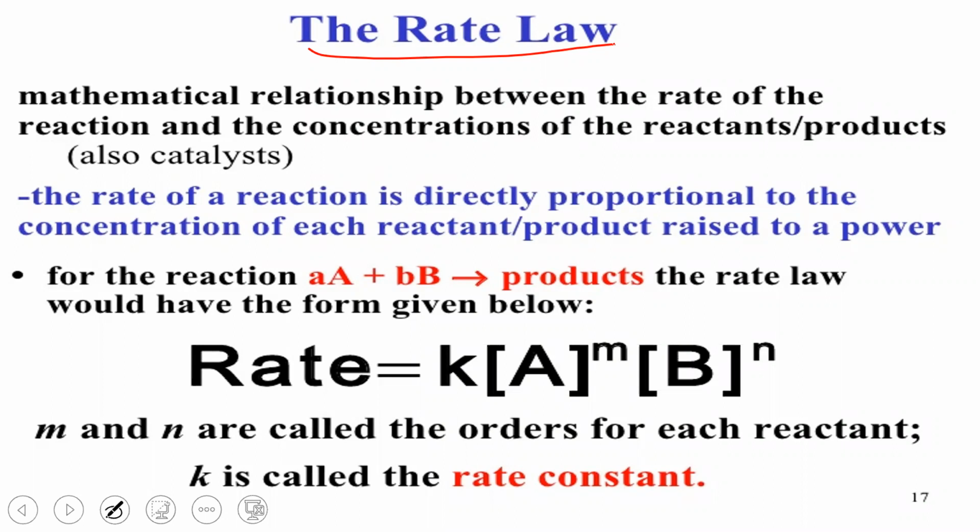That means the rate of the reaction is directly proportional to the concentration. So the rate of the reaction, the rate law, is directly proportional to the concentration of each reactant or product raised to a power.